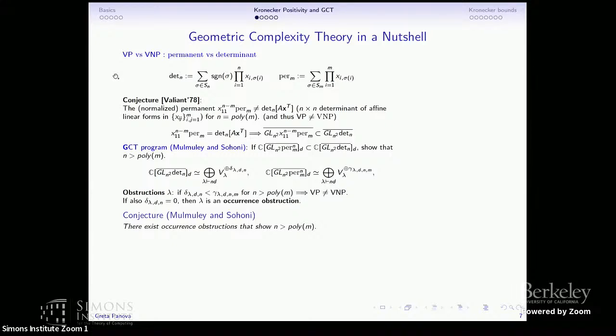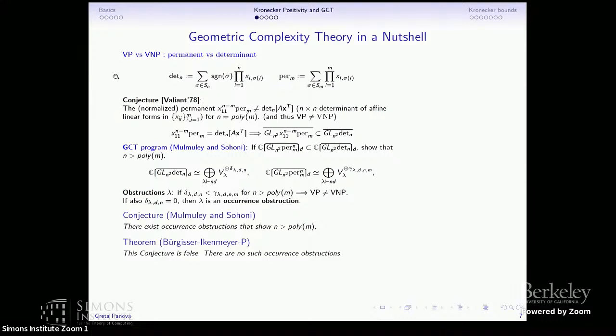And this was an easier conjecture in the Mulmuley-Sohoni program in GCT, that there exist such occurrence obstructions that would show that n is bigger than poly m. Unfortunately, as you probably heard, this turned out to be false. So there are no occurrence obstructions. And then we need to look for multiplicity obstructions, which means that we need to figure out something more about the sizes of these multiplicities.